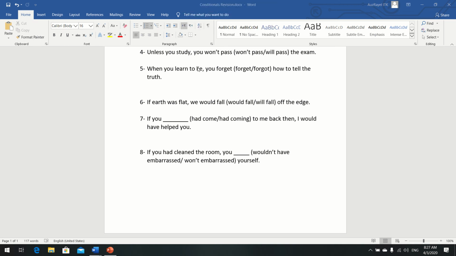Next we have, if you, then a gap, come to me back then, I would have helped you. Look at the second part of the conditional sentence. We have would have plus verb 3. The only conditional sentence that has would have plus verb 3 is the third type.